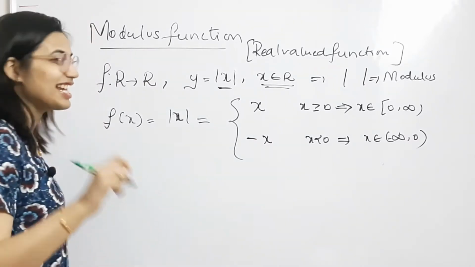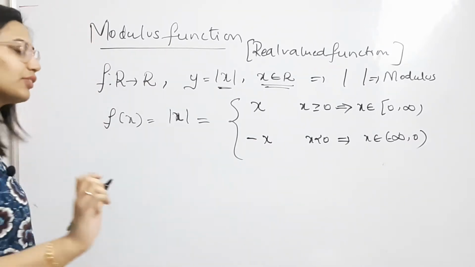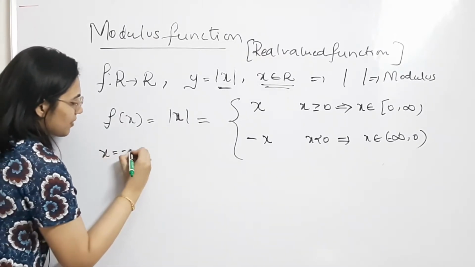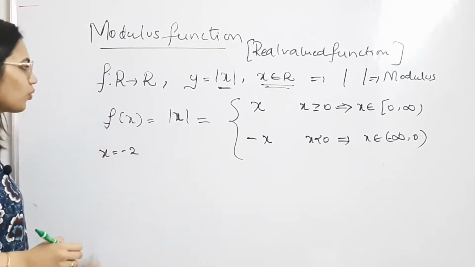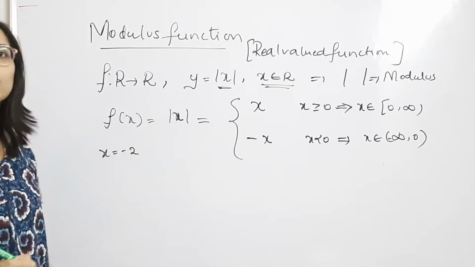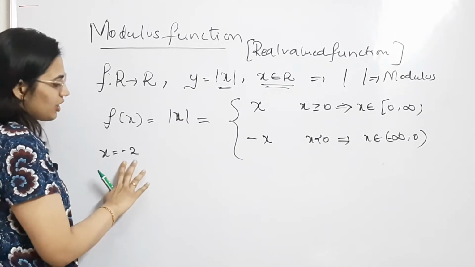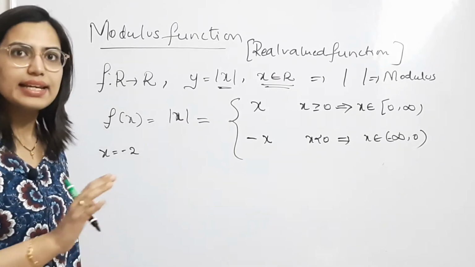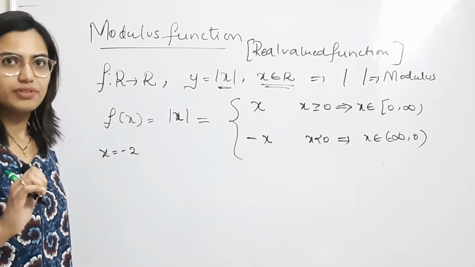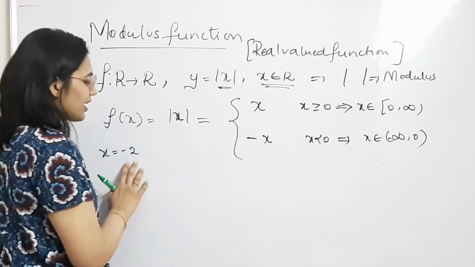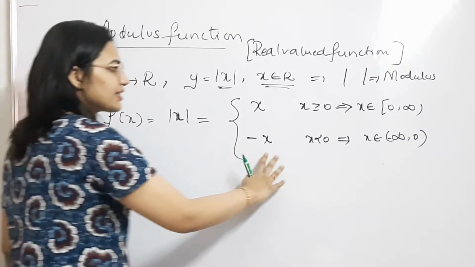This means, in short, I'll very clearly give you what it means. Suppose we say x is minus 2. What will happen when you pass minus 2 into the modulus function? What you need to do first is check, okay, what is minus 2? It is a negative integer, or a negative real number. So where exactly does minus 2 fall in this definition?